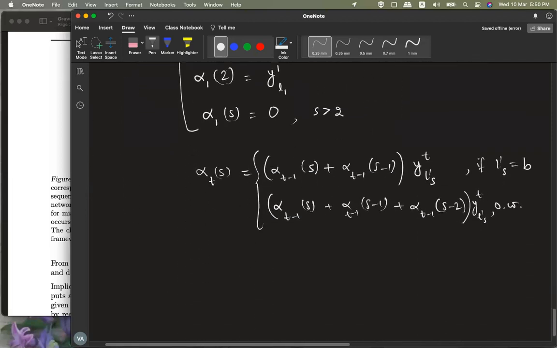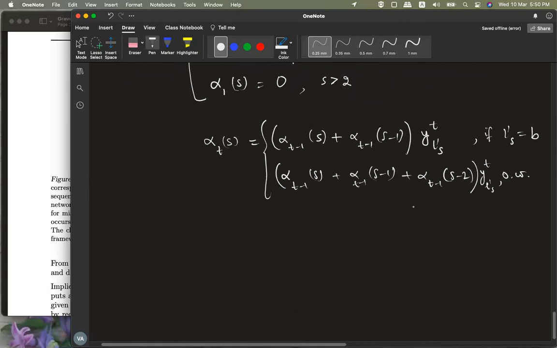So my total probability, the total probability of seeing all the labels given the entire input X, is basically alpha capital T, right? And the last state, what is the last state? It is the length of L dash. S is just indexing my L dash vector.